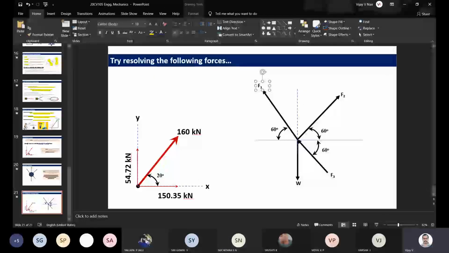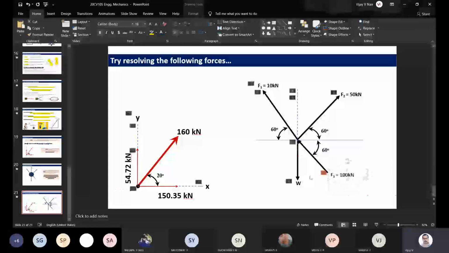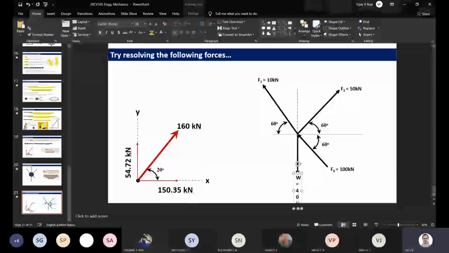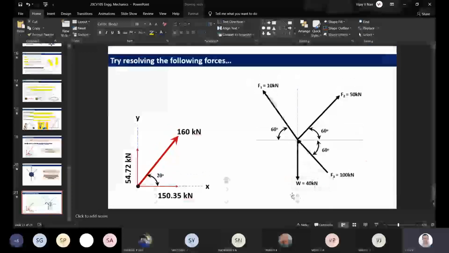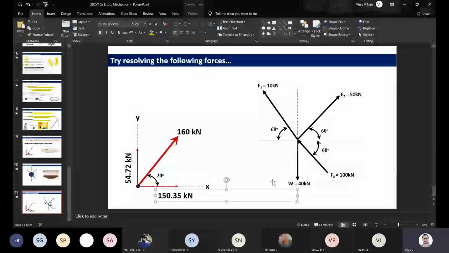I'll give the values in kilonewton. So go ahead, evaluate this and let me know what solutions you are getting.